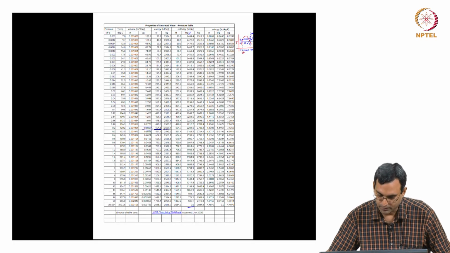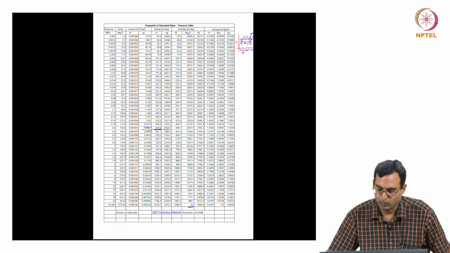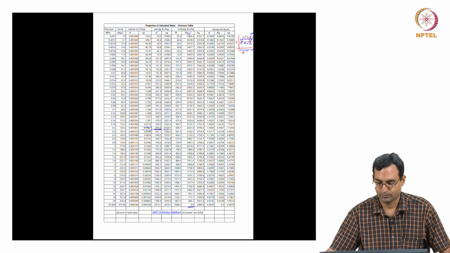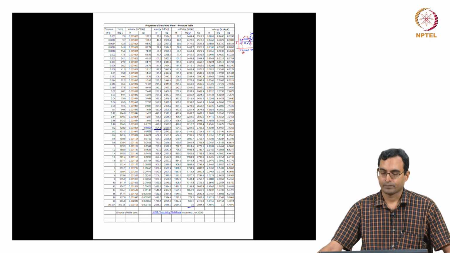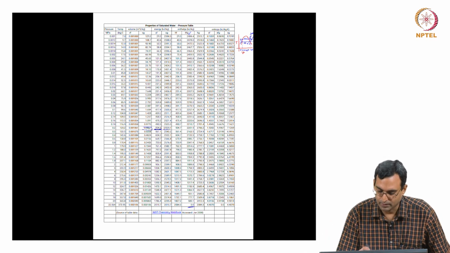So, if I go to this table here at 1 megapascal, I am still looking at the saturated table. At 1 megapascal, the liquid volume is 0.001127 and the vapor volume is 0.1944. So, what I see is at 1 megapascal, whatever is the specific volume I have lies between these two values.